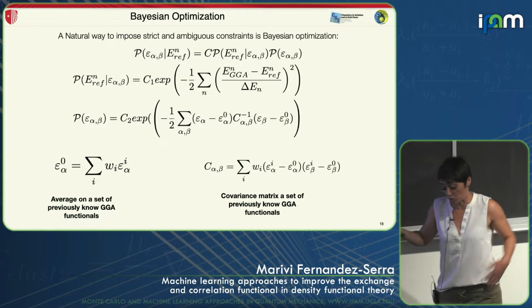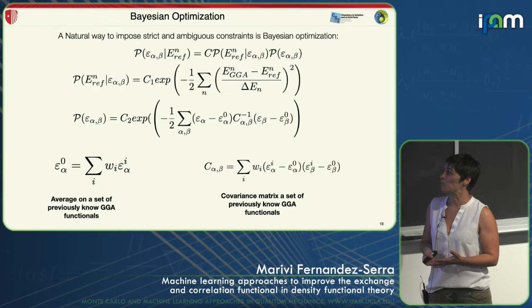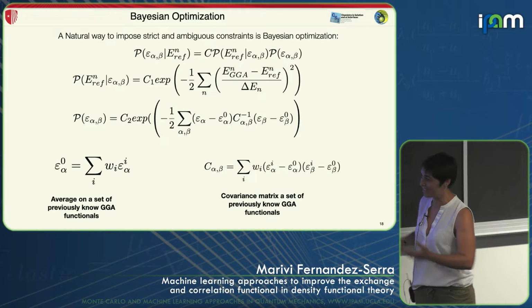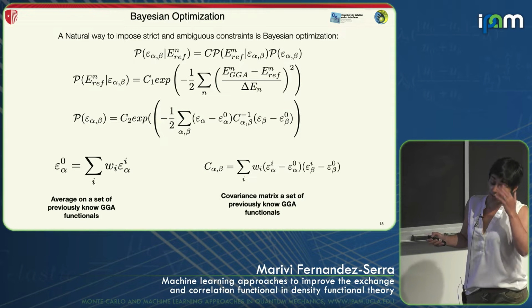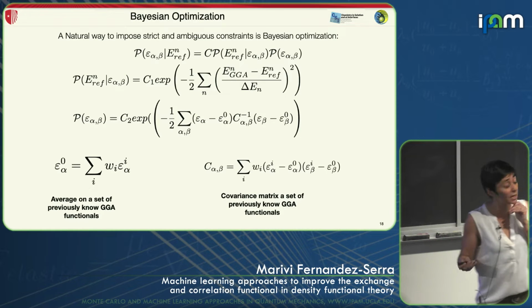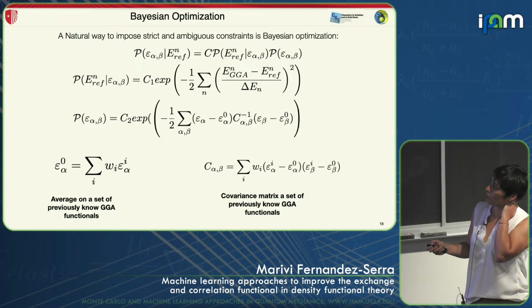If we don't impose constraints, what we'll get are enhancement factors that will deviate very largely from physical characterizations of the density. And so the natural way to do that is imposing a Bayesian optimization, which is actually really simple. I will go through it very quickly because it also motivates what we'll be doing later.